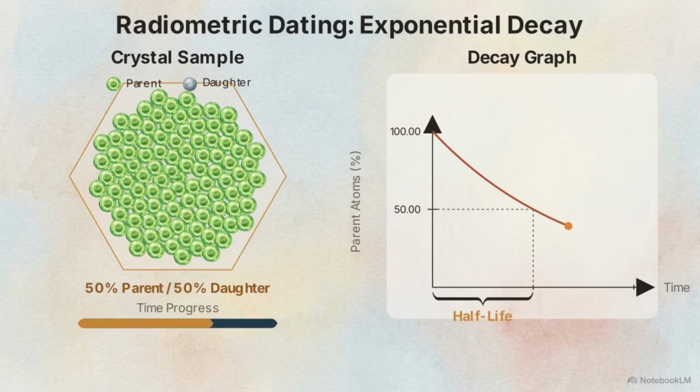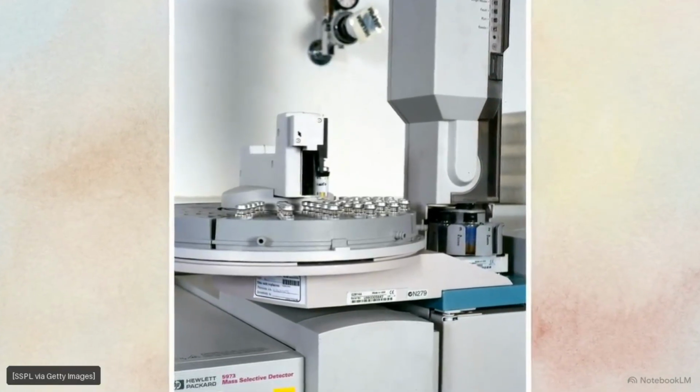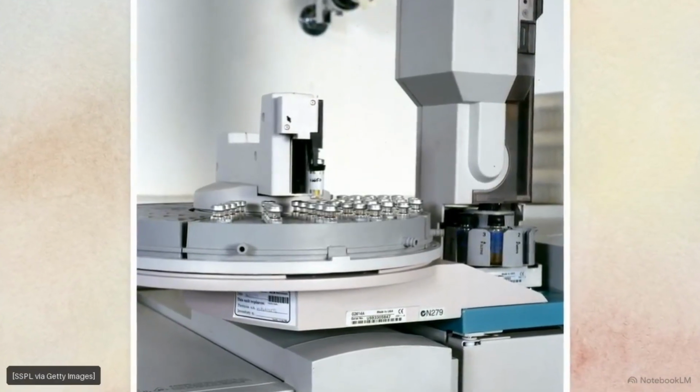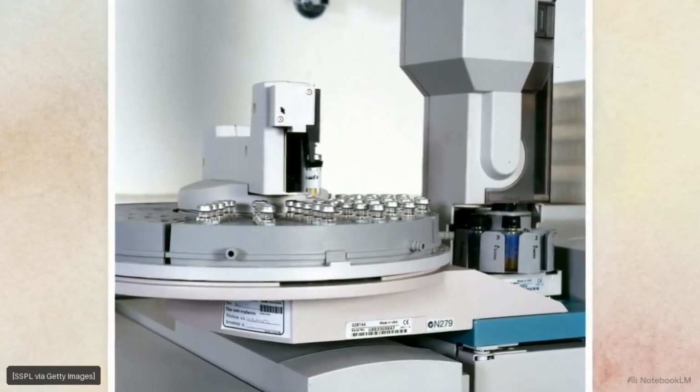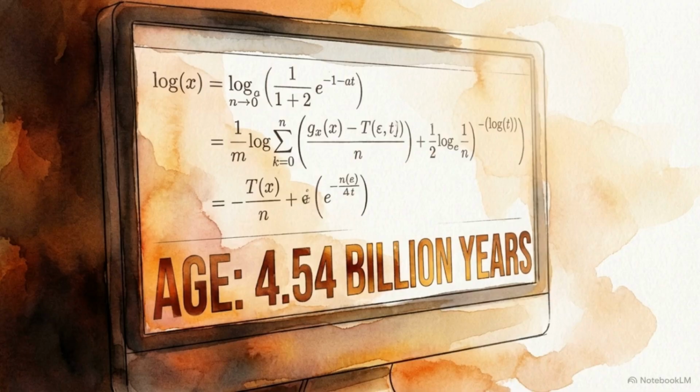This is defined by the isotope's half-life, the precise time it takes for exactly half the parent atoms to transform. Today, scientists use highly sensitive instruments like a mass spectrometer to measure the exact ratio of parent to daughter isotopes remaining in a sample. By applying the decay equation to that ratio, they calculate the absolute age of the rock.